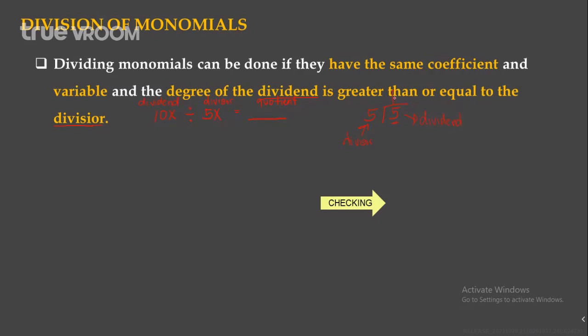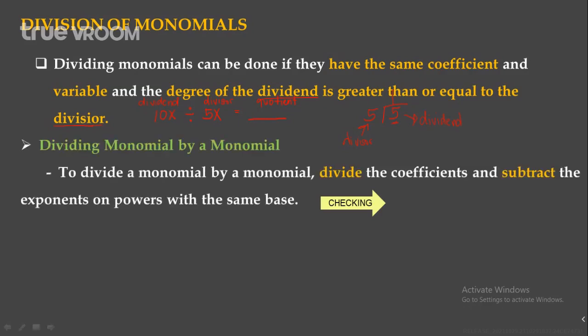And your answer here is what you call the quotient. So 10 divided by 5: the first number, 10, is the dividend; 5, the divisor; 2, the quotient. That is dividend, divisor, quotient. Understood?